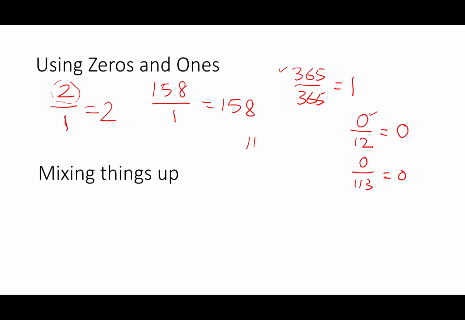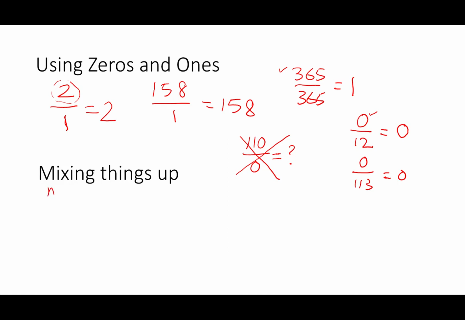This means that if I have 110 divided by 0, what do I get? Now, this is mathematically not possible. You cannot get a number and divide it by 0. So therefore, the denominator can never be 0. Otherwise, the fraction becomes undefined, which means mathematically no meaning.